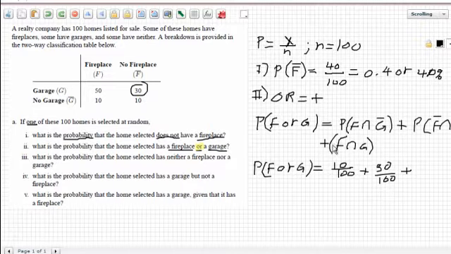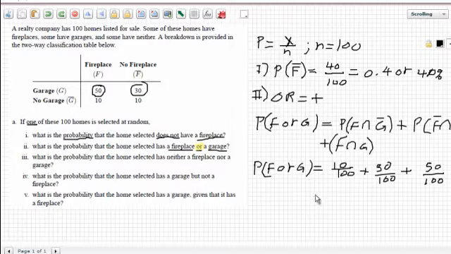Plus the final one is that the home actually has both a fireplace and a garage. So we're going to go down the fireplace column and go across on the garage row, and we're going to find out that that condition has 50 houses. So there are 50 houses with both a fireplace and a garage.